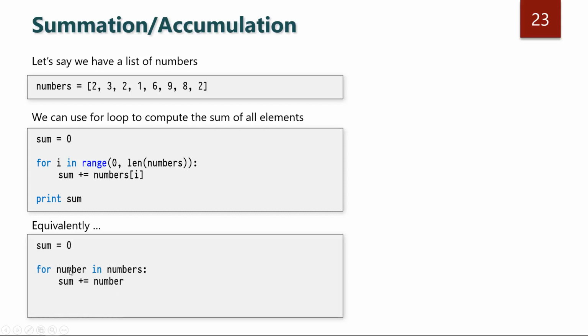Remember, number is just the name of the variable, and each time this for loop runs, the variable will be equal to each element in the list. In this case we don't use the index anymore, because the logic of summing something up doesn't require us to know the index. Print sum.